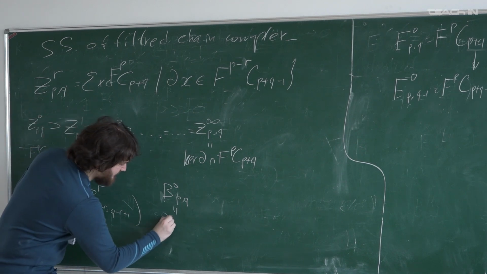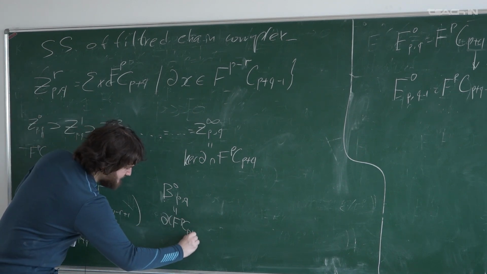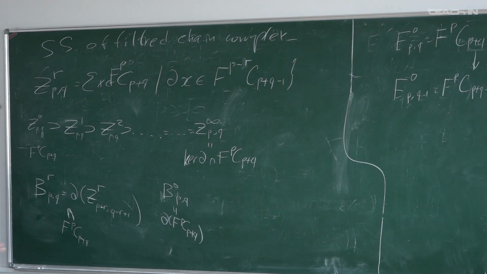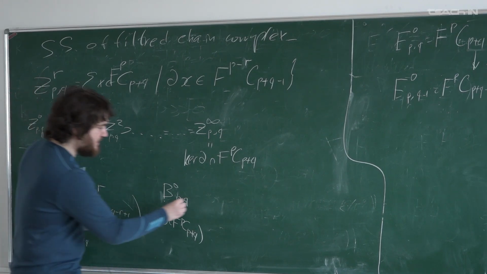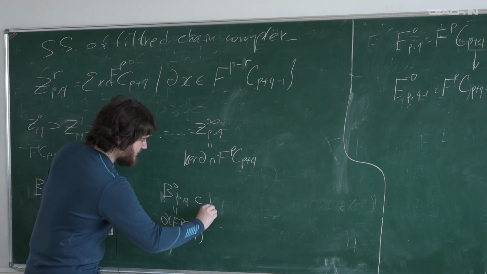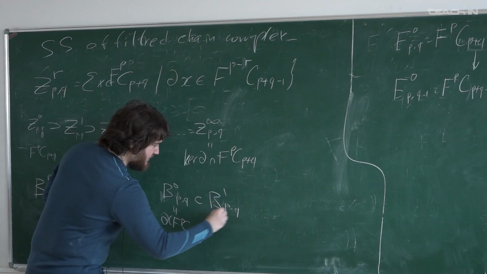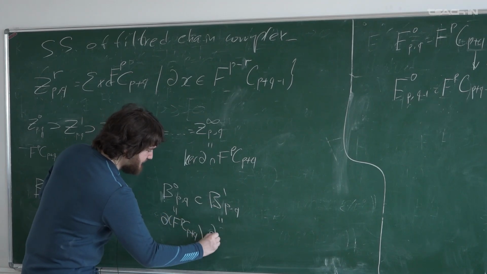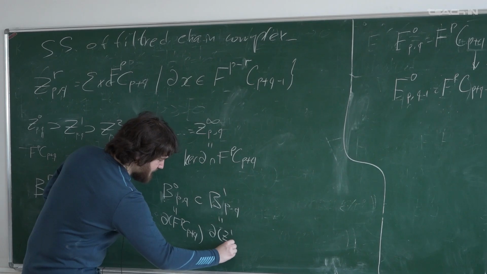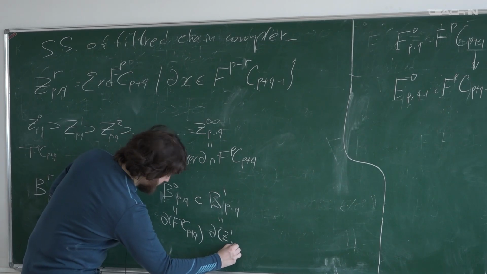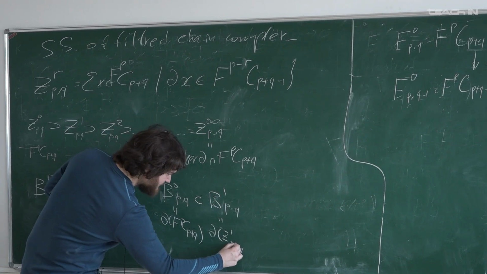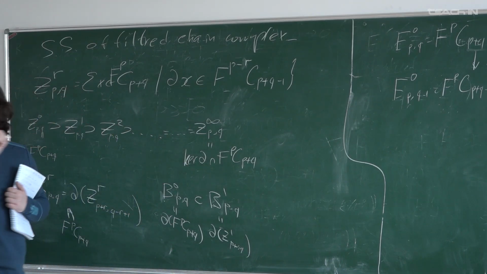It's D of Fp itself. And then maybe B1^{PQ}. It's something from the filtration 1 above.